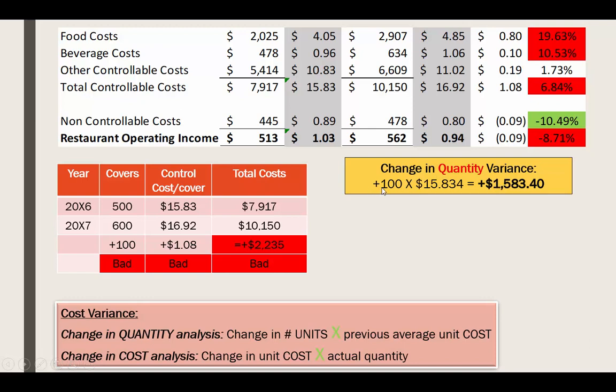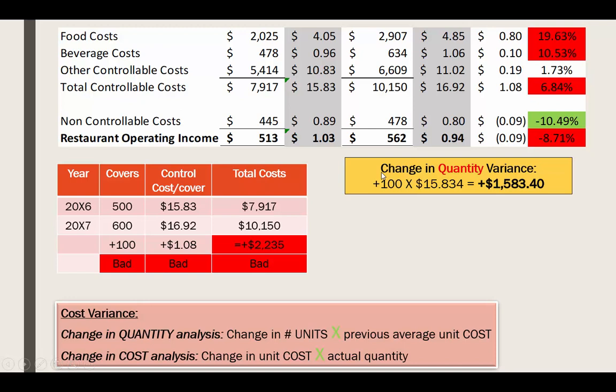But yeah, so we would take the increased amount of covers times the previous cost per cover. So of this $2,235, $1,583.40 is due to the fact that we serve more people. And that's okay.